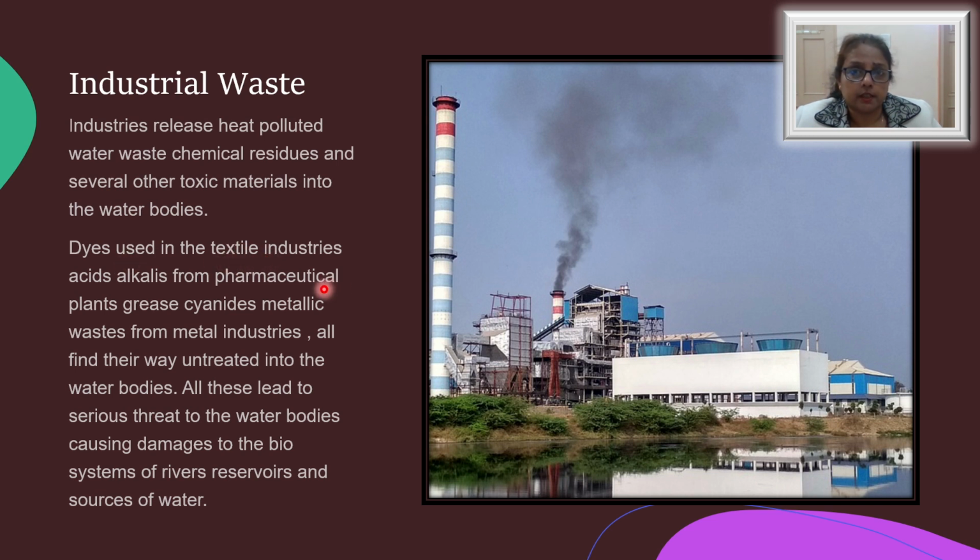Dyes used in the textile industries, which I have already talked about, acids and alkalis from pharmaceutical plants, grease, cyanides, metallic waste from metal industries, all find their way untreated into the water bodies. All these lead to a serious threat to the water bodies, causing damage to the biodiversity of the river, reservoirs, and other sources of water.